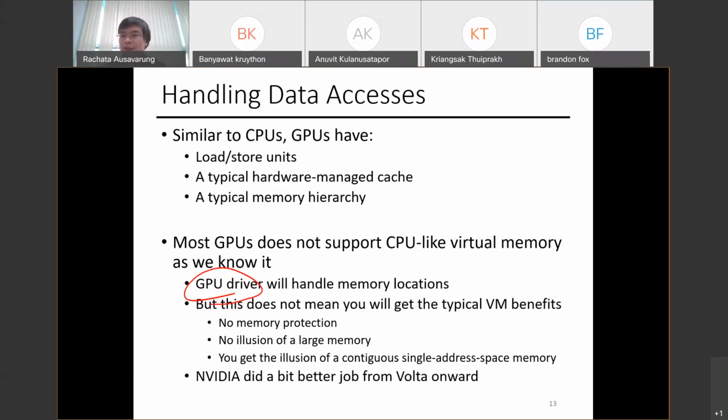It's still not as fully featured, as I said, compared to CPU counterparts. This is information that I gathered from reading papers and talking to people in industry as well as academia, and it is part of my thesis on this topic. So I hope you can believe that these are true.